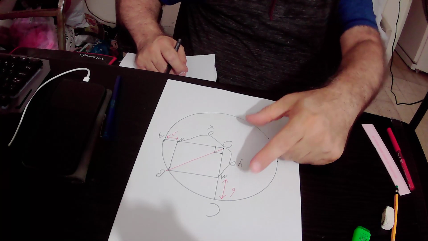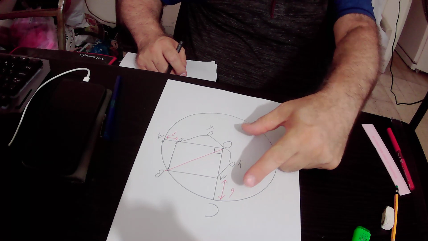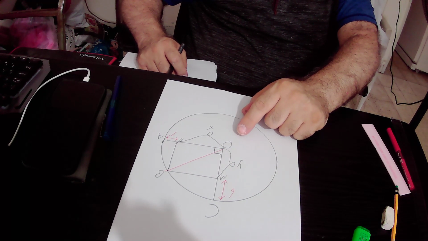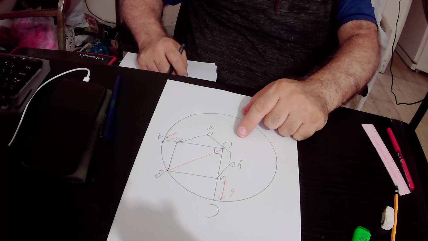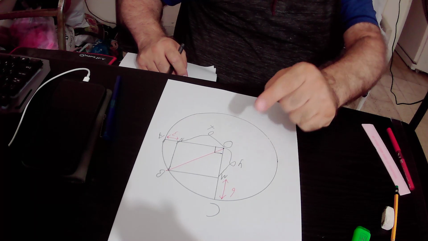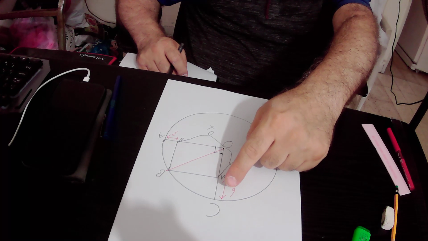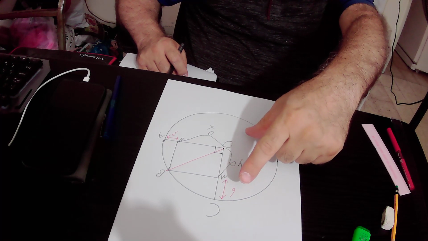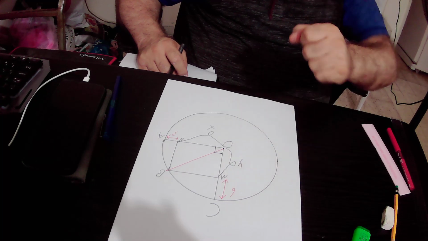Actually, OC is the radius of this circle because line segment OC starts from point O, that is the center of this circle, and ends at point C, that is a point on the circle itself. For that reason, line segment OC is the radius of this circle.